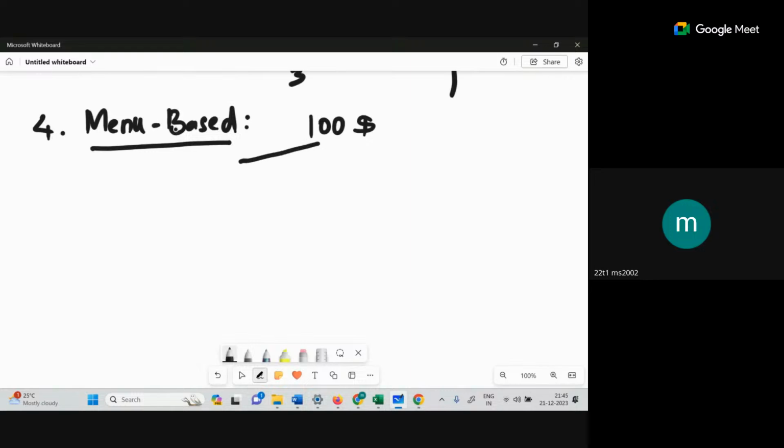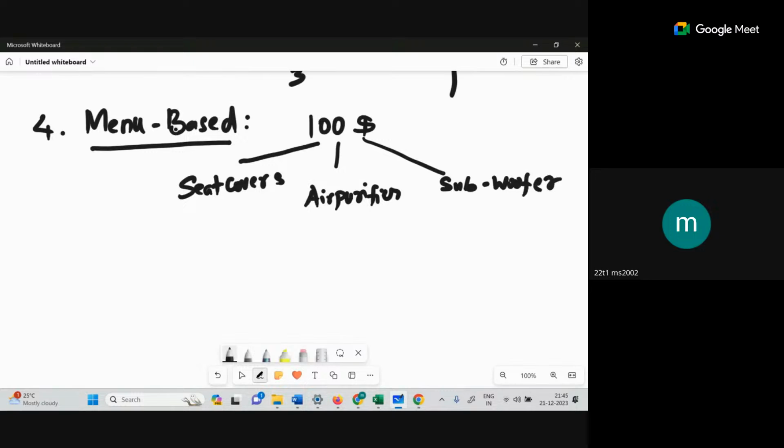For this $100, the customer can choose either seat covers, or an air purifier, or something like a subwoofer, a music system that amplifies the sound quality. So with $100, which attribute does the customer prefer more? Some customers who travel longer will prefer seat covers. Some people who are hygiene sensitive will prefer an air purifier.